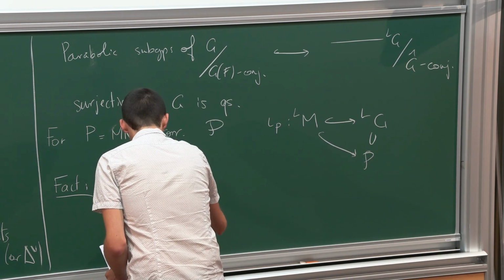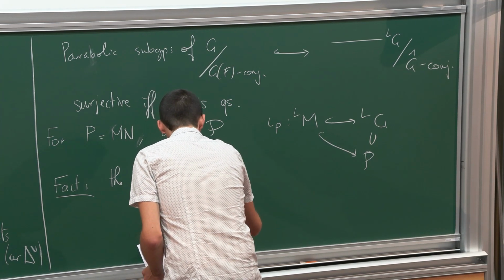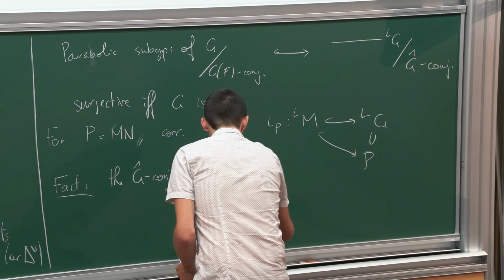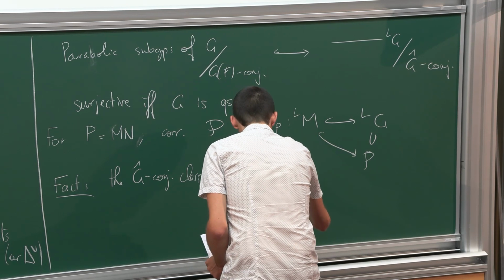So the G hat conjugacy class of iota P only depends on M.